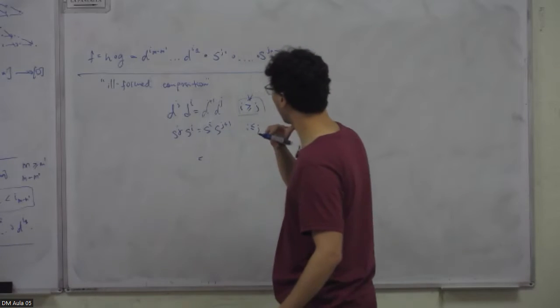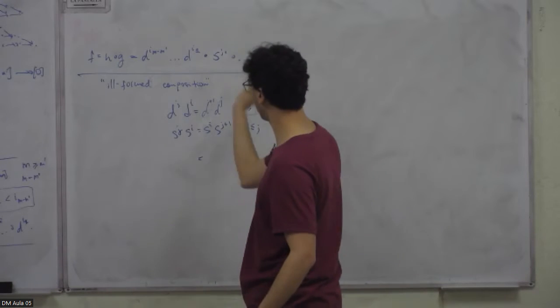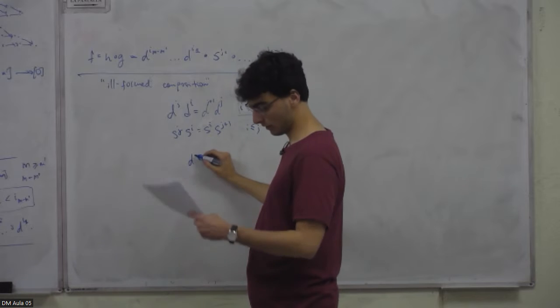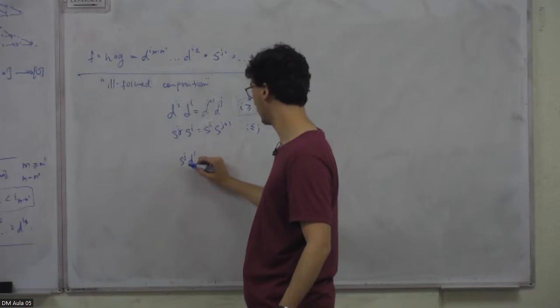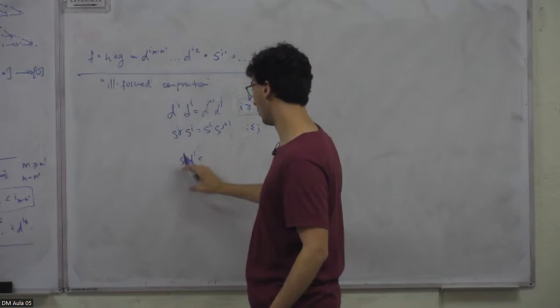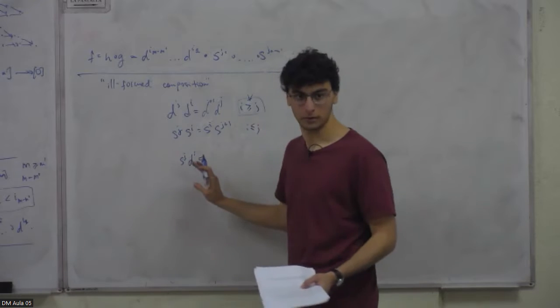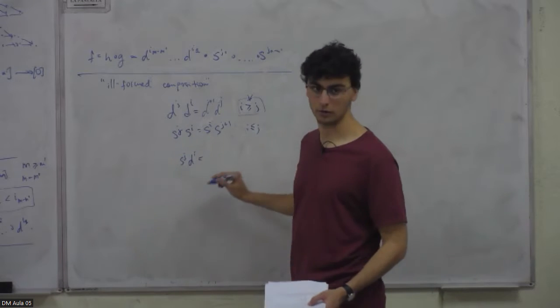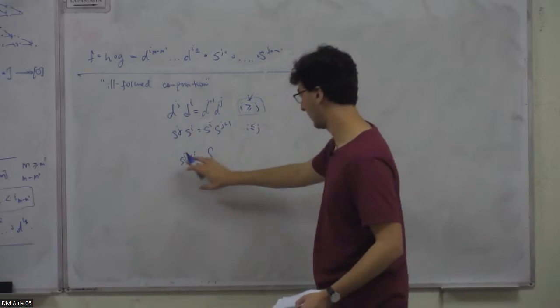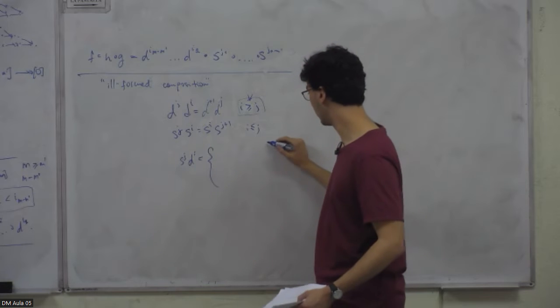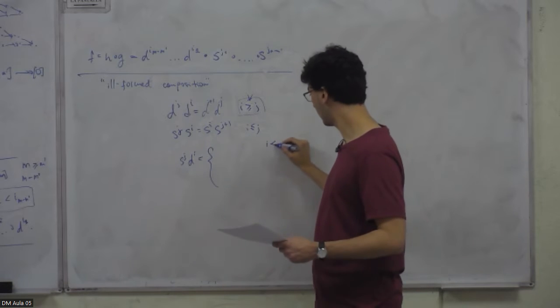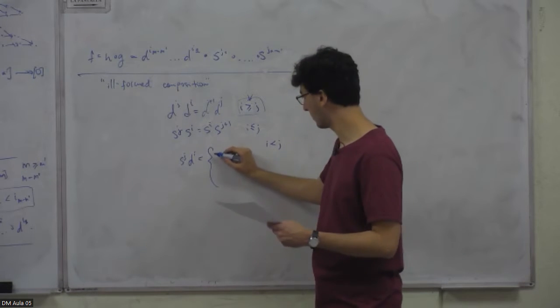we also have to consider the case where there is one s and one d, but they are composed in the wrong order. So first you have a d and then you have an s. All these cases have to be considered, because no matter how the i and the j are ordered, the order of these maps influences the result in the following way. If i is less than j, you get this.